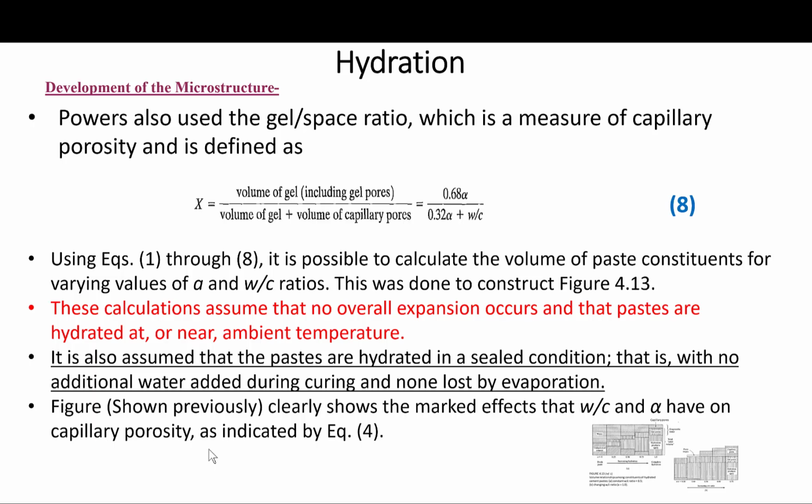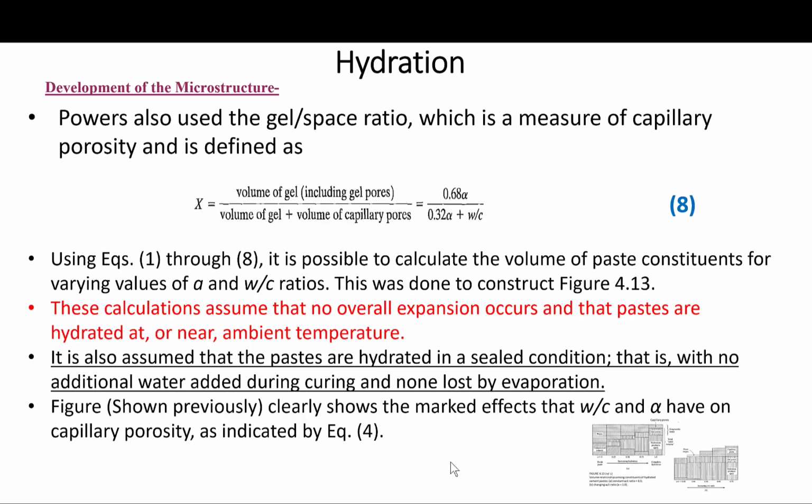It is also assumed that the pastes are hydrated in a sealed condition, that is, with no additional water added during curing and none lost by evaporation. And as you see from the figure shown previously, which I'm showing here for reference, it clearly shows the marked effects that water cement ratio and alpha, the degree of hydration, have on the capillary porosity, as indicated in equation number 4.